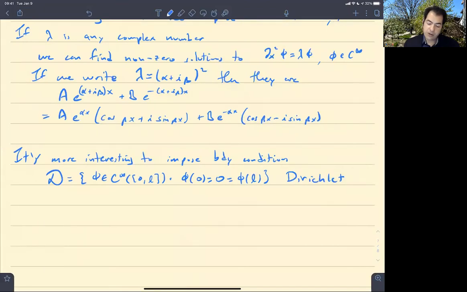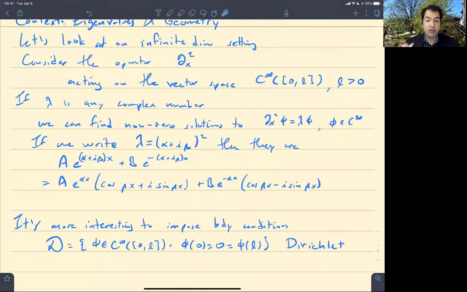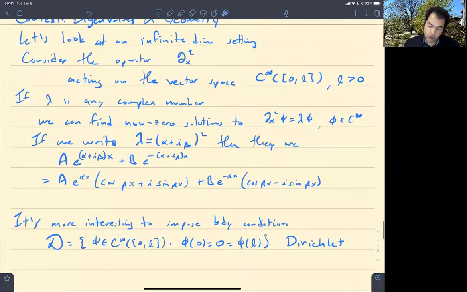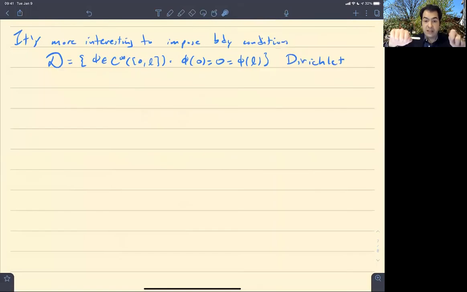Physically, you can think of what we're doing as having a string, and we're interested in how this string vibrates. In the first case, where we're working with arbitrary smooth functions, the string was too unconstrained to have anything interesting happening. Now we're fixing the endpoints of the string, and then letting it vibrate in between. This is more physical, like a guitar string or a violin string, where the endpoints are fixed and you're strumming it to make it vibrate.